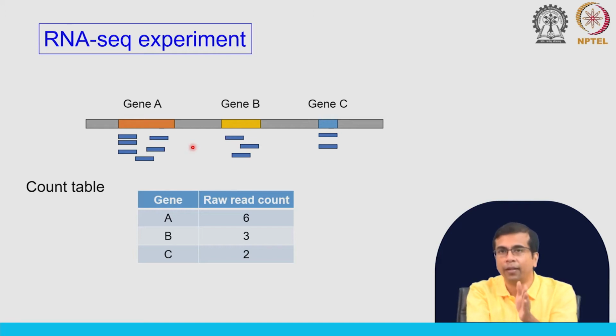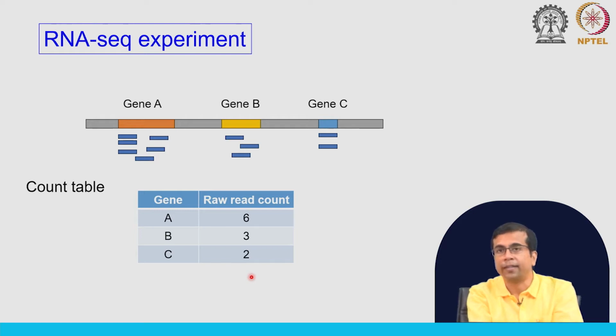We have this for many genes, thousands of them. When you convert this to numbers, the number of reads mapped to each gene, for gene A we have 6 reads mapping, for gene B we have 3 reads, and for gene C we have 2 reads. So, this is what we see.